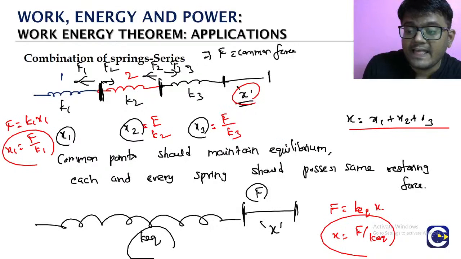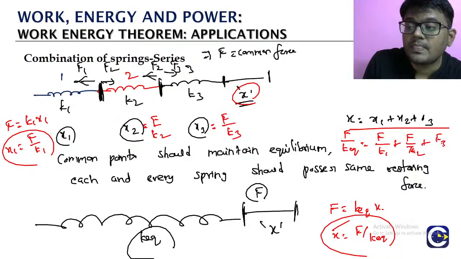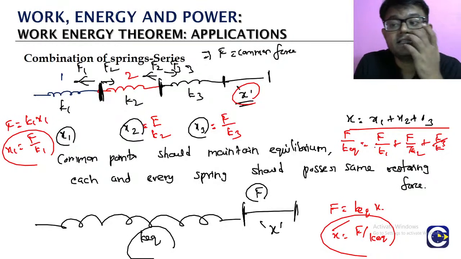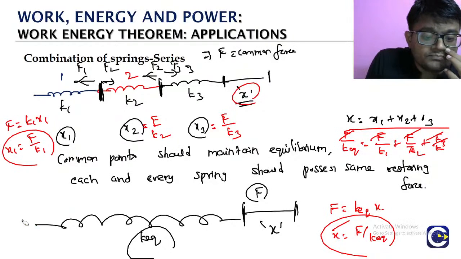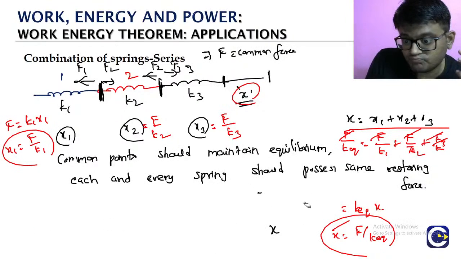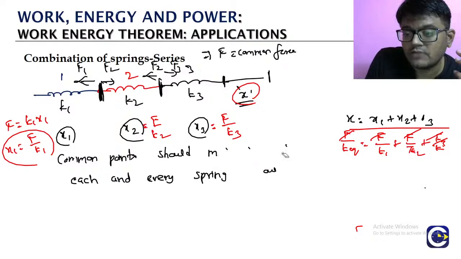Which means, taking the x value from the equivalent spring, F by K equivalent is equal to F by K1, that is X1, plus F by K2, that is X2, plus F by K3, that is X3. So you can see on both sides we can cancel F. If we cancel F, what do we have? On the left hand side, 1 by K equivalent. So we'll just write down the final result.